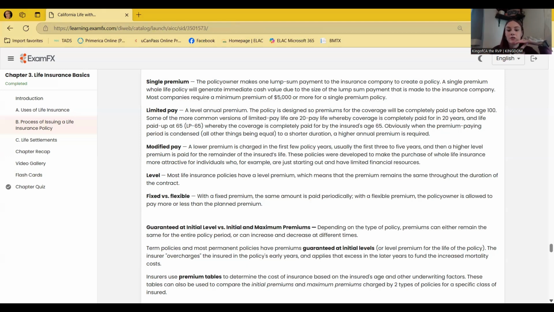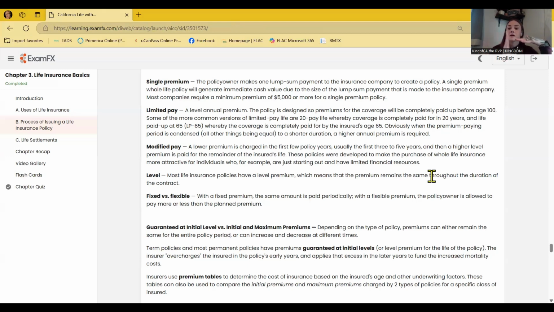Usually the first 3 to 5 years, they will pay this lower premium, okay? Then after that 3 to 5 years, it is going to shoot up and level out at a higher premium for the duration of the policy, okay?